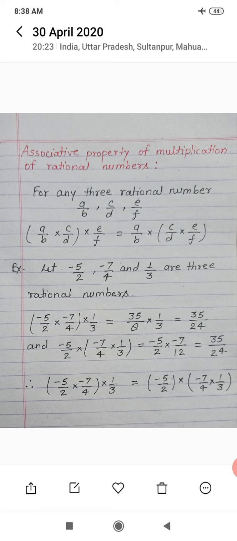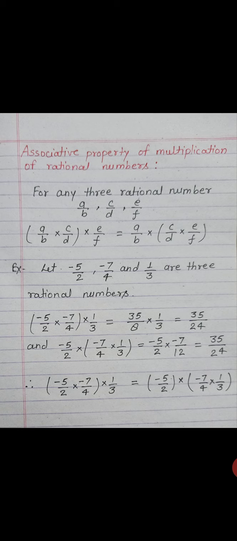For example, let us consider −5/2, −7/4 and 1/3 as three rational numbers. (−5/2 × −7/4) × 1/3 = 35/8 × 1/3 = 35/24. And −5/2 × (−7/4 × 1/3) = −5/2 × −7/12 = 35/24. Therefore, (−5/2 × −7/4) × 1/3 = −5/2 × (−7/4 × 1/3).